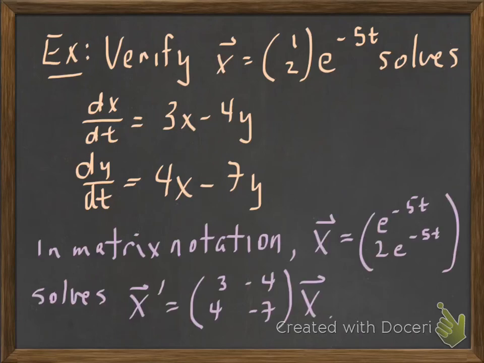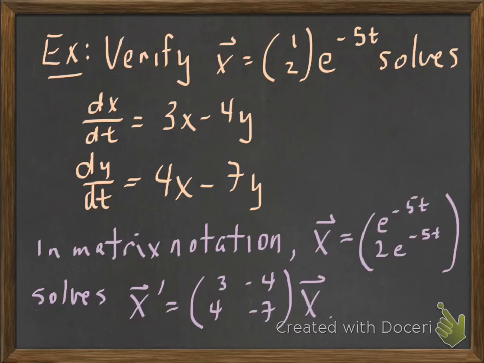In matrix notation, my solution vector x is the vector (e^(-5t), 2e^(-5t)). Factoring out the e to the negative 5t, in vector notation, means I multiply both components of my vector by that e to the negative 5t, just so you know, if you haven't seen that before.